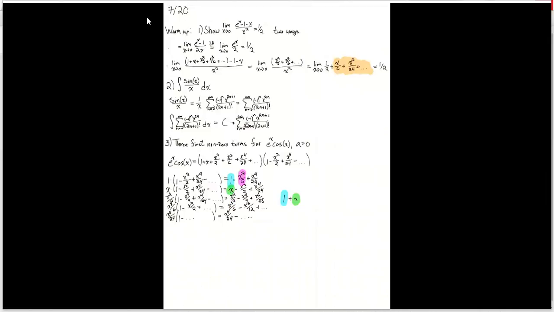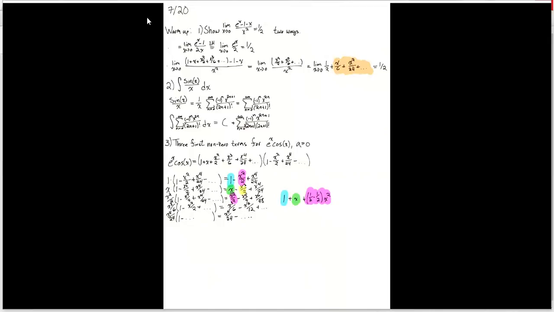Remember that this one's a minus and this one's a plus. So what ends up happening is something like that, but that's going to be 0. So I can't really use that in my first 3 non-zero terms. So I'm going to have to go a little bit further here.